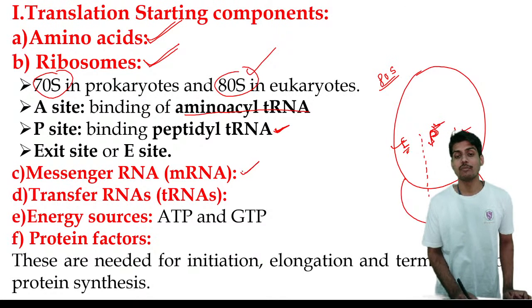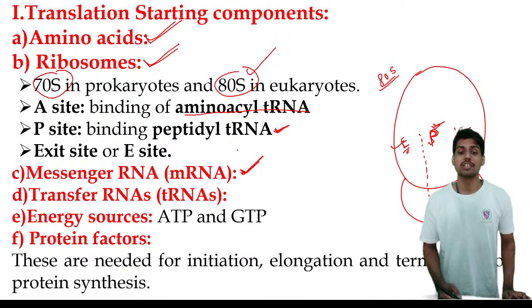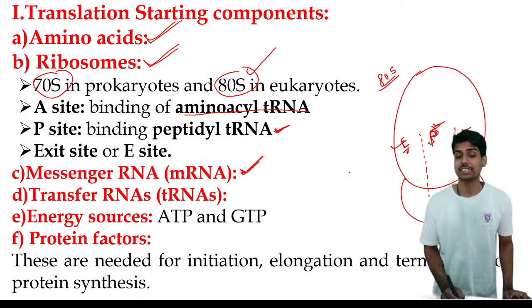So let's see now what the other requirements are. Obviously, the mRNA, which is a transcript for this entire translation. You are reading the mRNA codons, and then you are synthesizing the protein depending on that mRNA. Then there is tRNA. These tRNAs are carrying all the amino acids which are required.